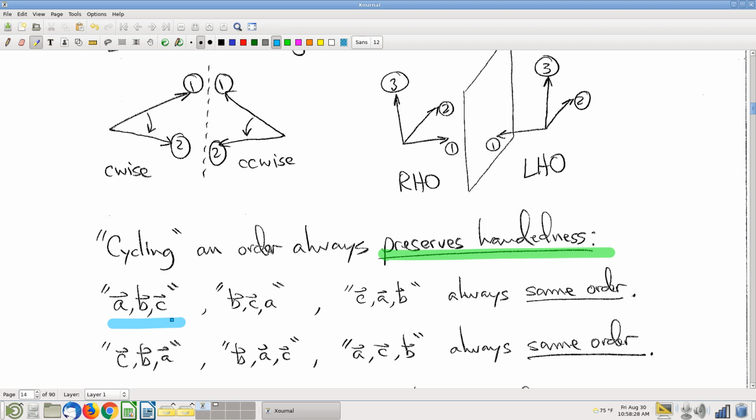If you take the first vector and just kind of pick it up and move it around to the end, make it the last vector, that's what I'm going to call cycling. Then this next order is the same. So if ABC is a right-hand order, BCA is also a right-hand order.